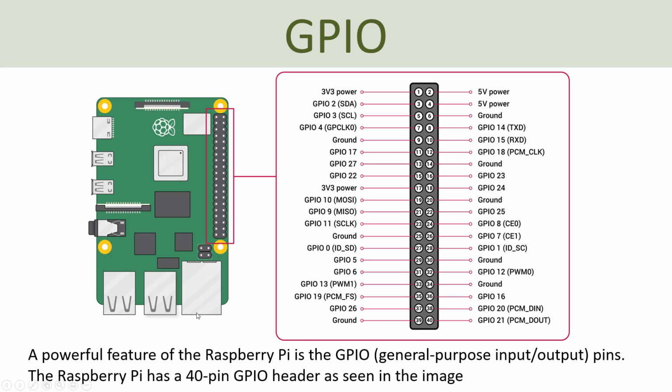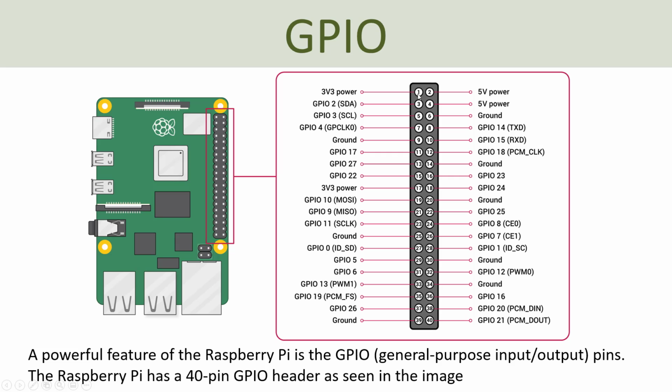So here you see the Raspberry Pi device with the USB ports, the internet port, the power supply port. Here we have the ports for the monitor. Here we have the port for connecting a camera, and here we have the general purpose input-output connector.